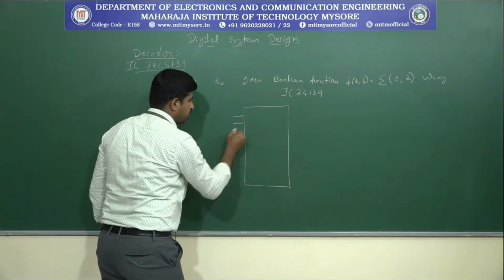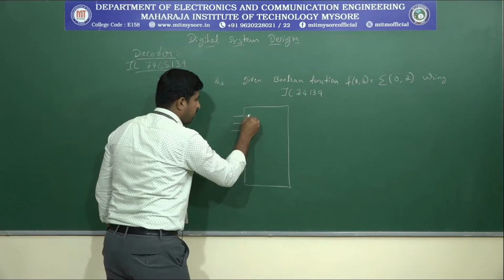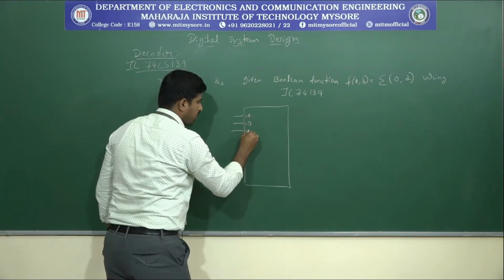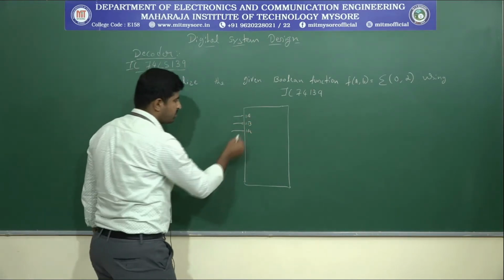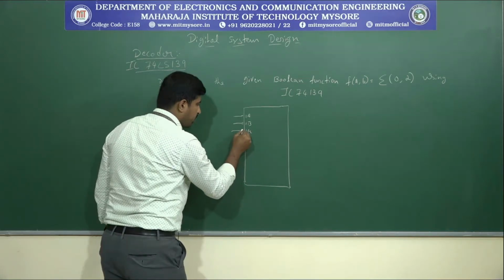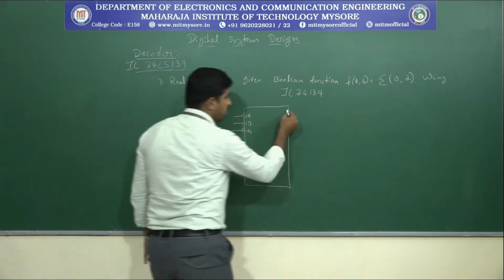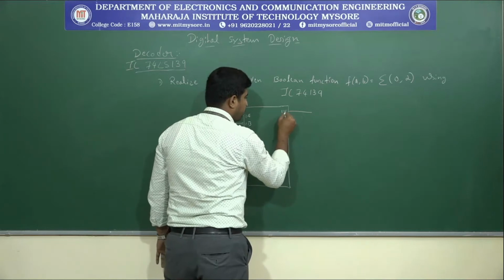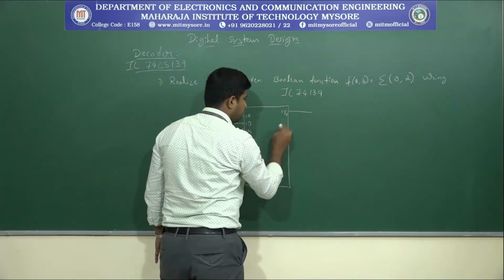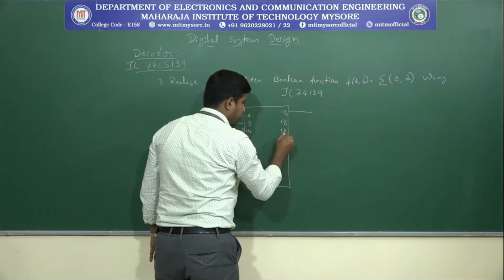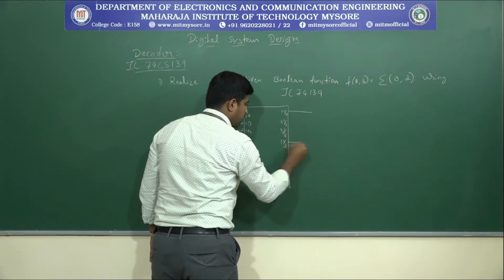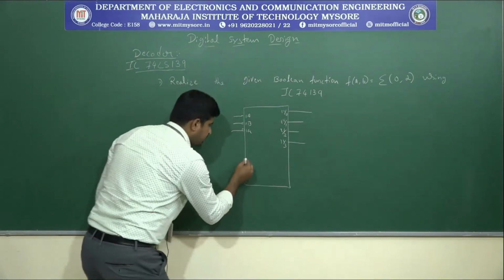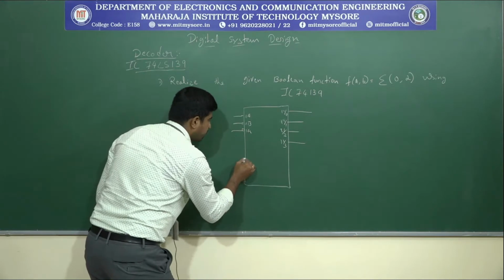So this is 1A, 1B and 1G, which is an active low pin, keep in mind, and this is 1Y0, 1Y1, 1Y2 and 1Y3, and the remaining is not needed actually for us.